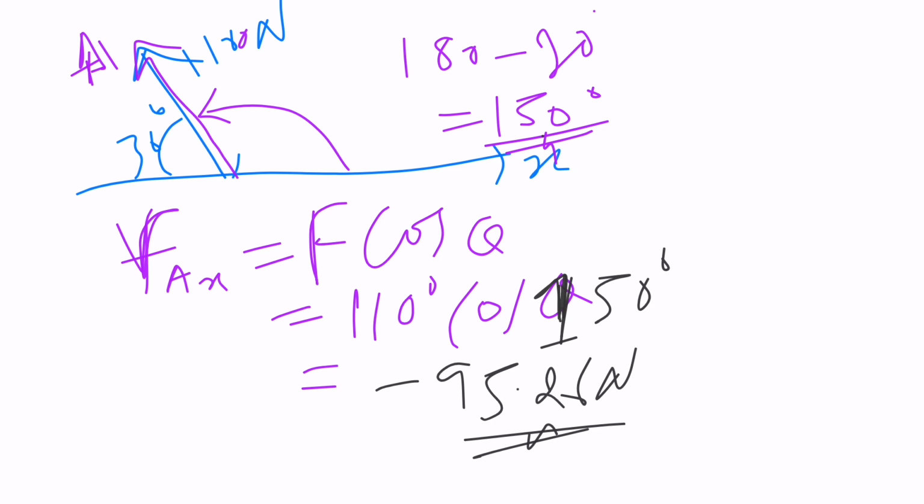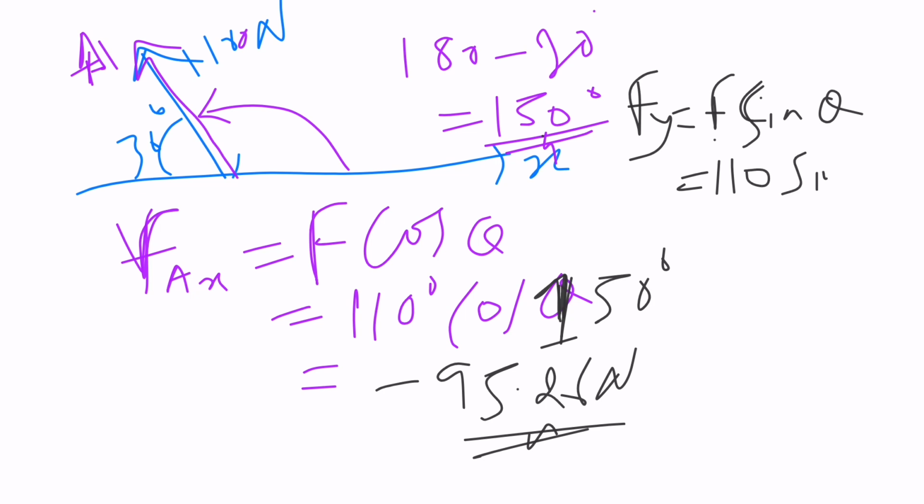95.26 Newton. Let's go to F1, because the vector contains two components, the X and the Y component. We just add the X component with the X component and the Y component with the Y component. So the Y component is force sin theta. What is our force? Our force is 110.